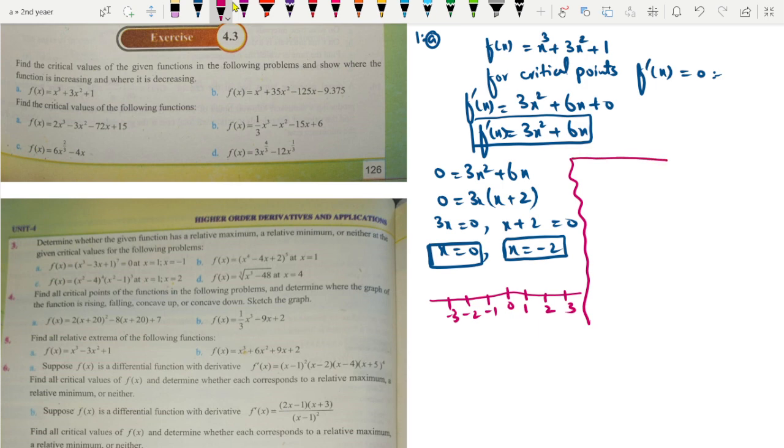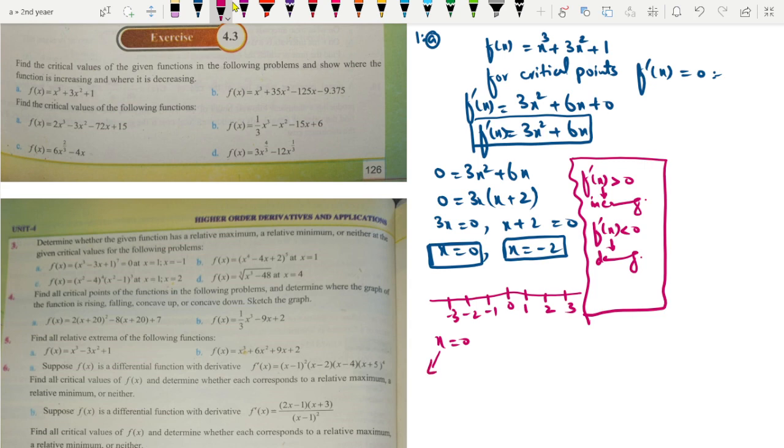When f prime of x is greater than 0, the function is increasing, and when f prime of x is less than 0, the function is decreasing.